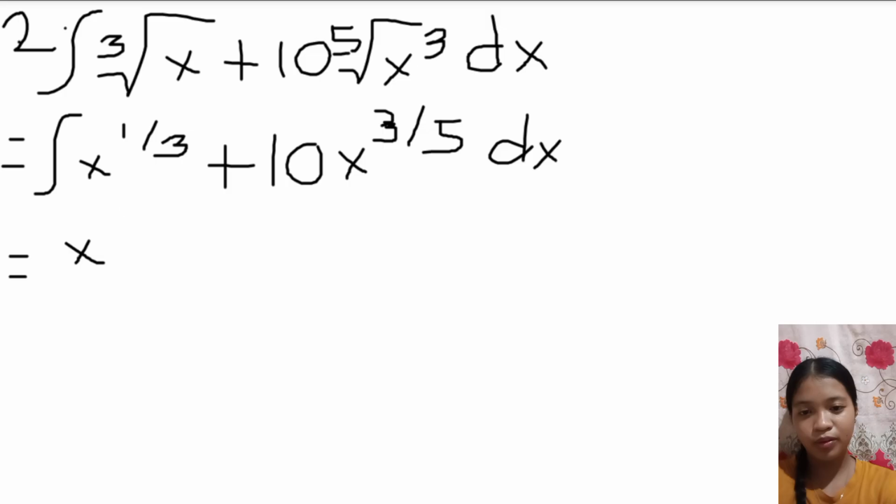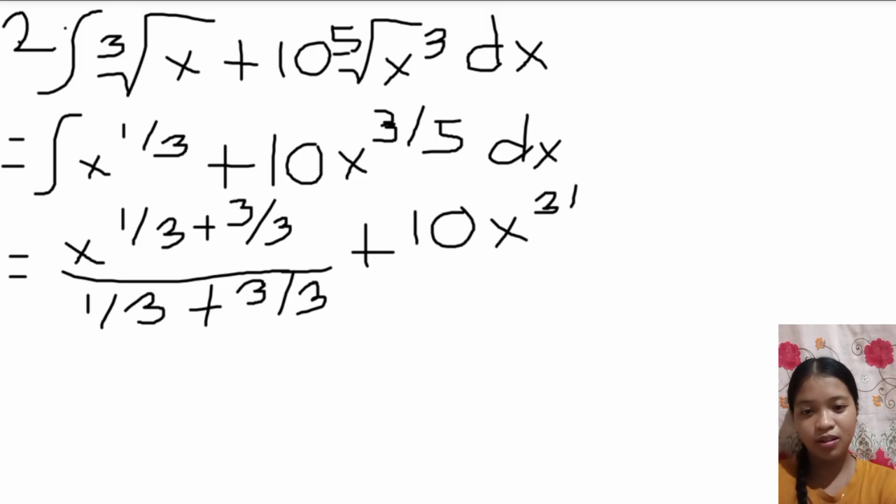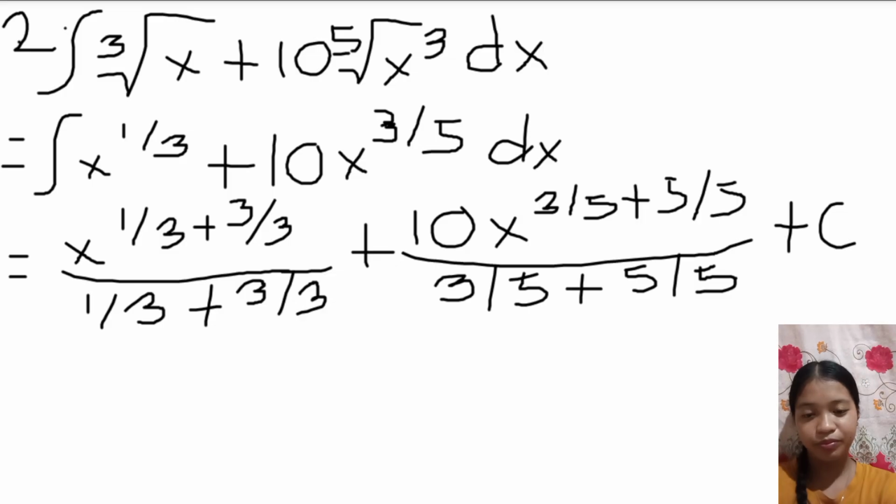Now we're going to apply the integration, so we add 1. x to the 1/3 plus 3/3, because you have to add 1 to the fraction, over 1/3 plus 3/3, plus 10x to the 3/5 plus 5/5 over 3/5 plus 5/5, plus c.